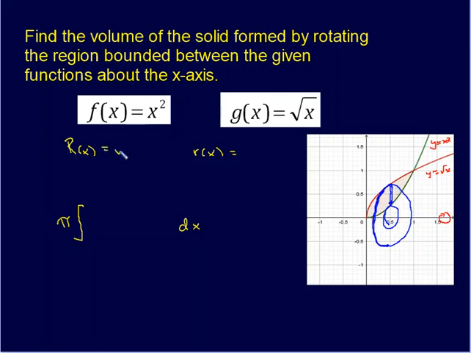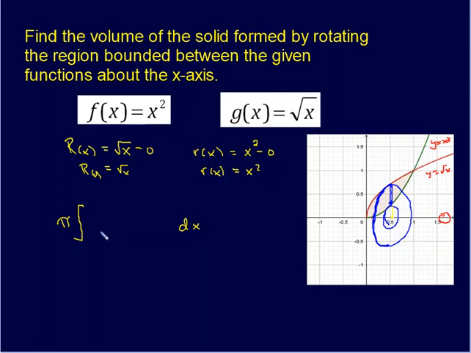And so square root x, the expression for that curve, minus the axis, which is 0, is the expression for the large radius. And then the small ring has a radius measured from y equals 0 until I get to the lower curve, which is x squared. So x squared minus 0, in this case just x squared, is the small radius.